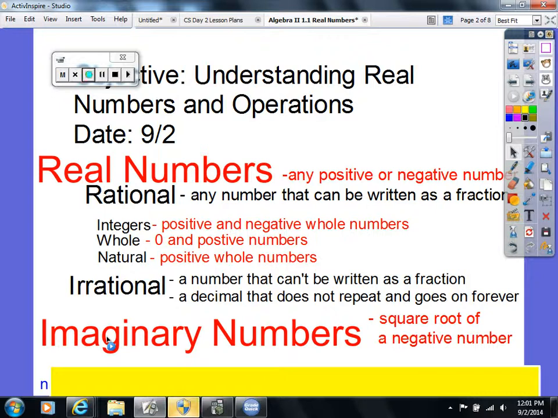In this class, we denote an imaginary number with the letter i. One irrational number that we know of is pi. Another one is a square root of a number that we do not know, or doesn't have a whole number square root, such as the square root of 3.